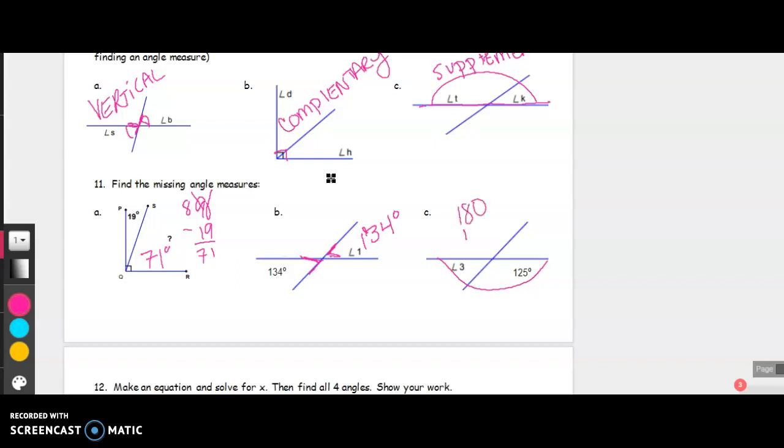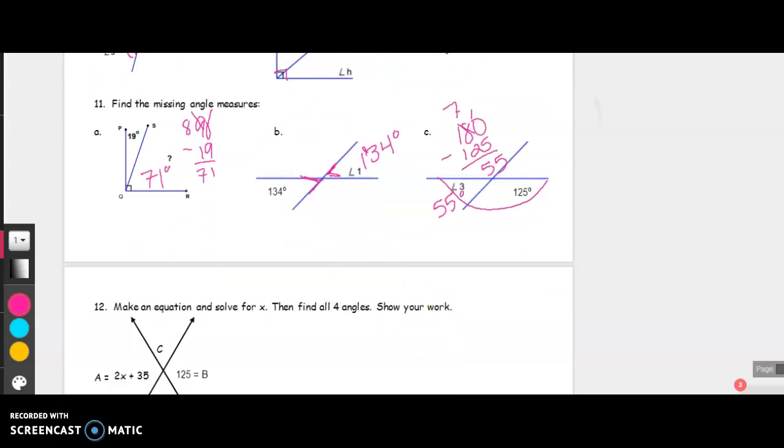So I'm going to take my 180 and 125 and subtract. So that's a 5 and a 5, so 55 degrees. Okay, again, if you're having any questions on these, please let us know. We have office hours, and you can go ahead and ask us then.